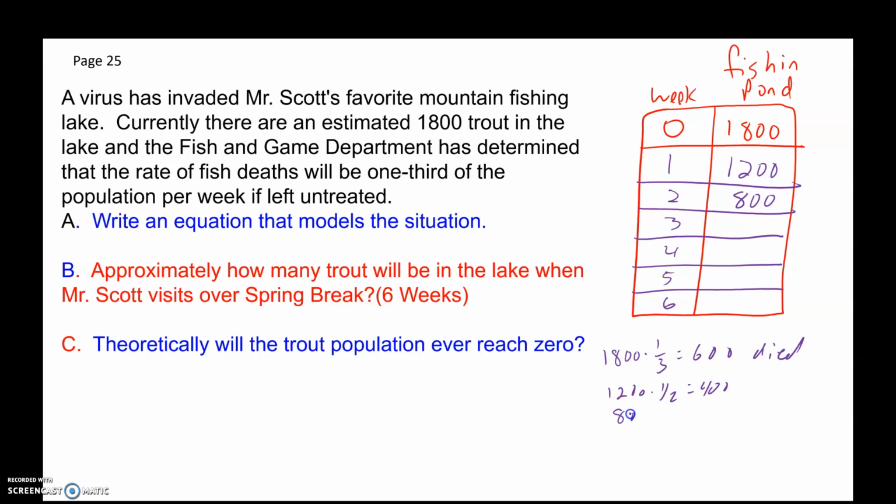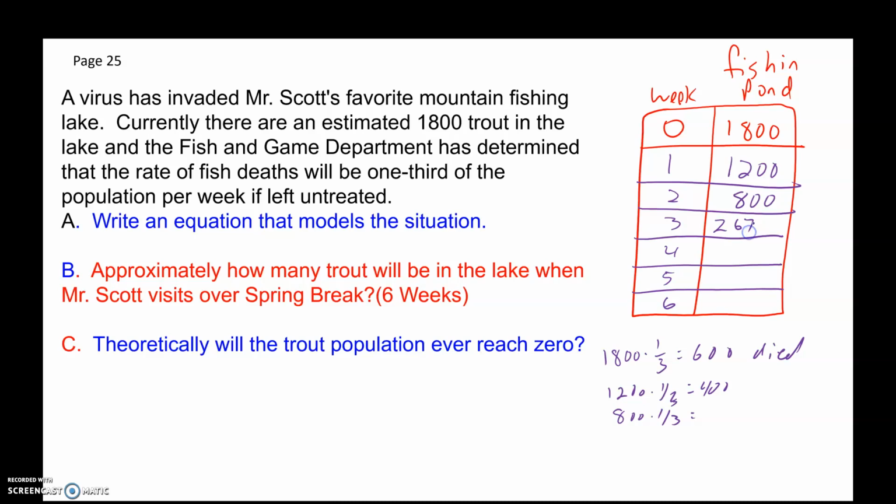So now I'm going to do 800 times 1/3, so I can find out how many fish are dying each time. And I get 266.67. Now look, we can't have just partial fish alive, so you just round it to the nearest whole number.